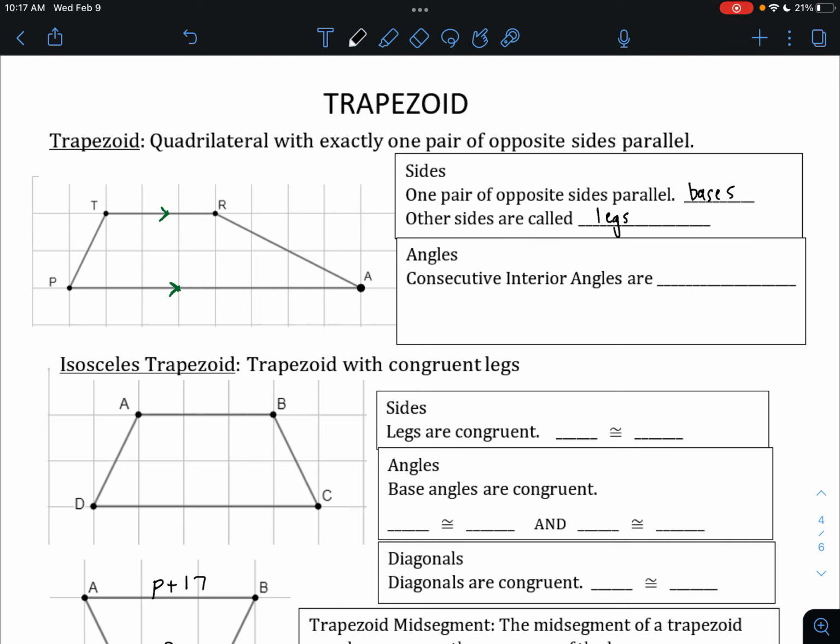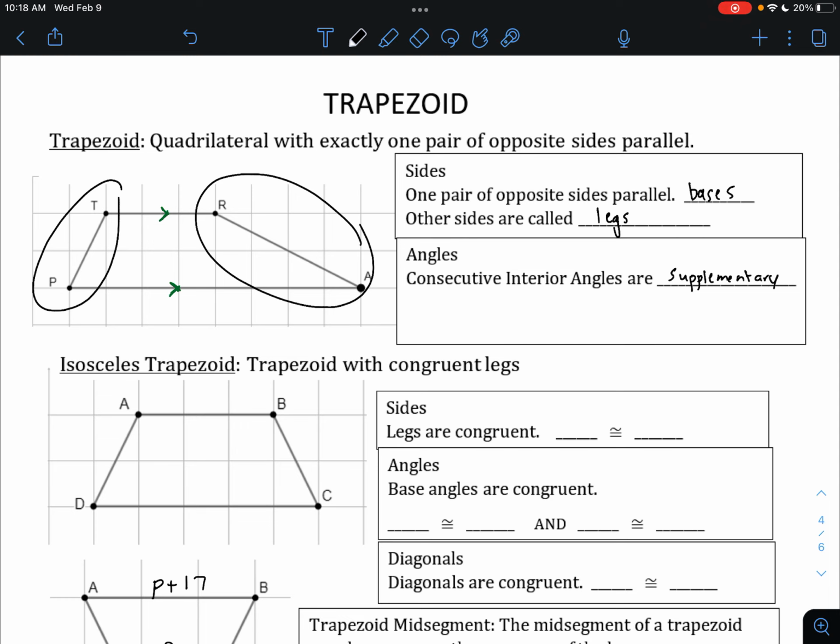The last thing we know about all trapezoids is that the consecutive interior angles are congruent. No, they're not. I said that wrong. Consecutive interior angles are supplementary. And consecutive interior angles are not just any two angles that are next to each other. They are specifically these angles here and these angles here.